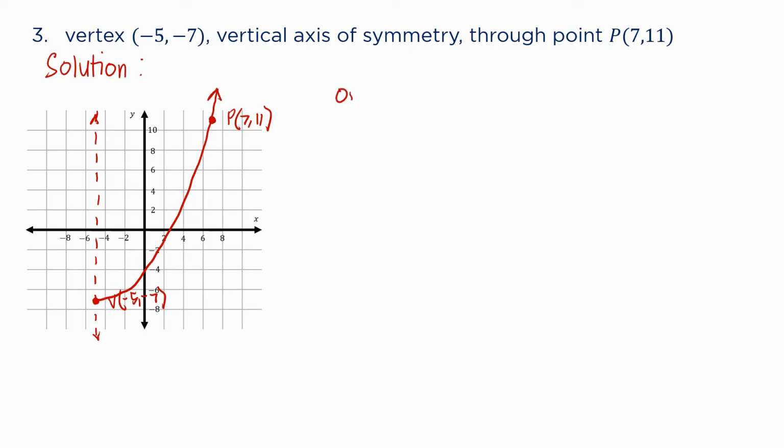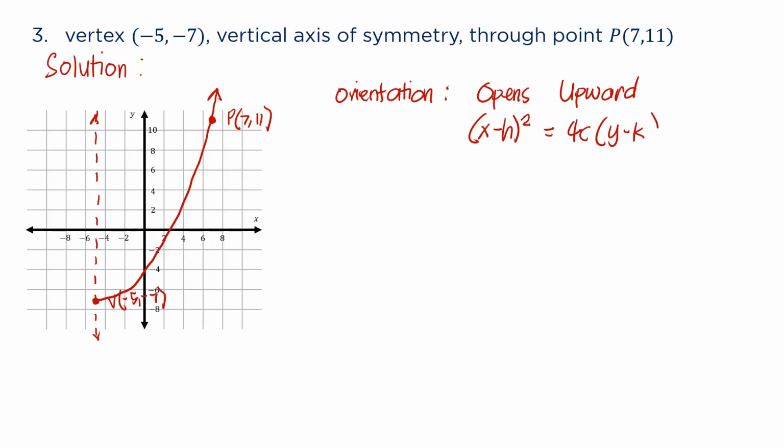Okay? So, our orientation, so we have a parabola that opens upward. So, the equation will be (x minus h) squared equal to 4c times (y minus k). Okay? So, ngayon, since meron na tayong vertex, so meron na tayong values ng h and k dito.